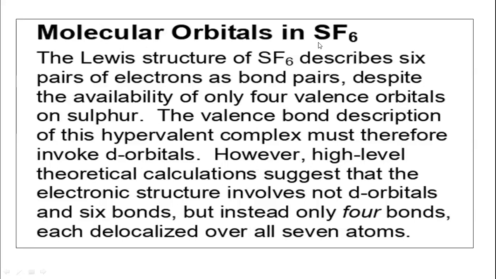First of all, let us see the Lewis structure of the SF6 molecule. It describes 6 pairs of electrons as bond pairs, as 6 covalent bonds are there. So it is expected that 6 pairs of electrons are involved between the sulfur and fluorine atoms.